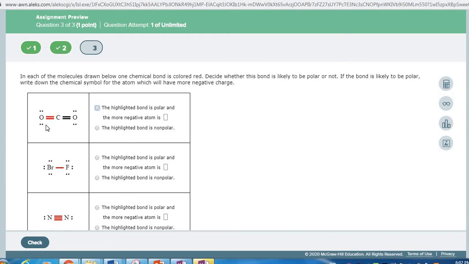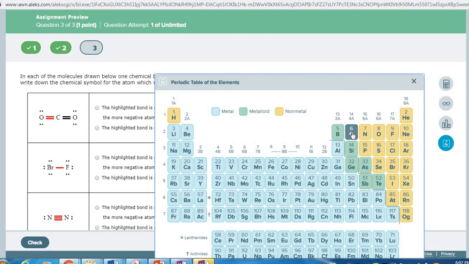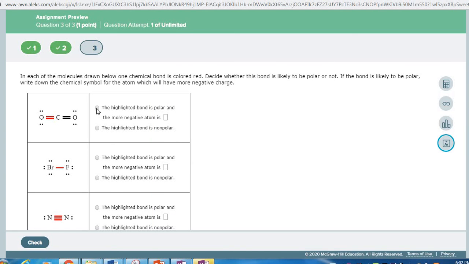However, it's asking about these bonds between the carbon and the oxygen. They are going to have different electronegativities. Carbon is right here to the left of oxygen on the periodic table. And so this is going to be a polar bond, and the more negative atom is going to be the oxygen in this case.